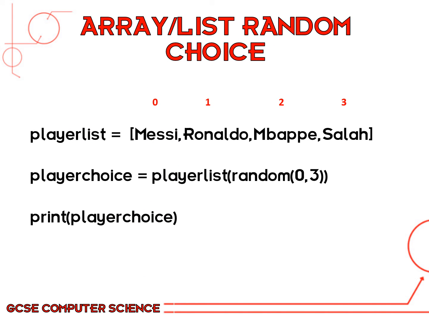Another way of doing it is combining some of our other programming tools that we've learned so far. So when we look at arrays or lists, we know that this is a way of storing lots of information in a data structure. So here in this little example, I've created a list in Python called player list, and it's only a one-dimensional list at this particular point, which means it's all in one section.